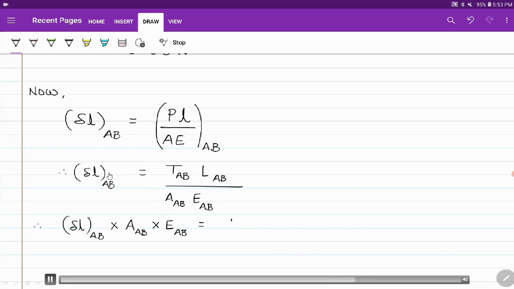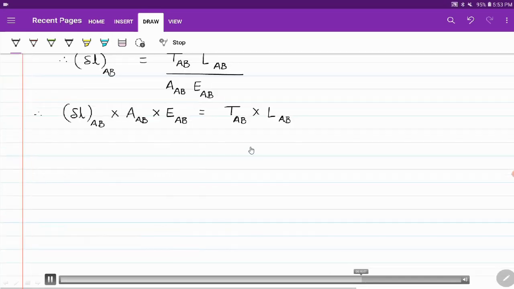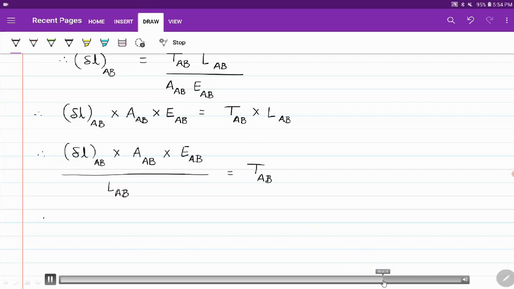So cross multiply by these terms so that you get tension in AB into length of AB. Transfer LAB to this side so that only TAB remains here. So first we cross multiplied and then took LAB to this side. Substitute all these values.